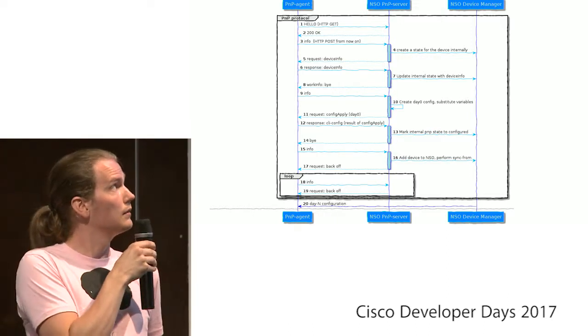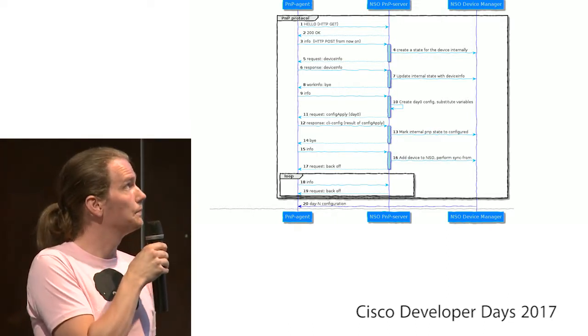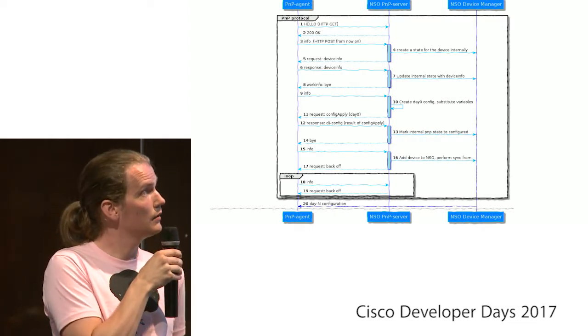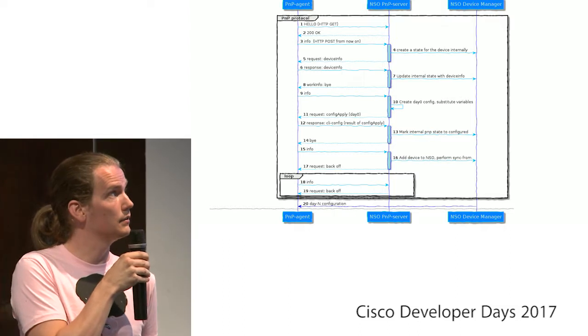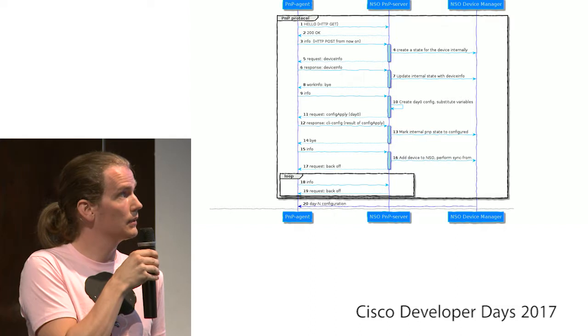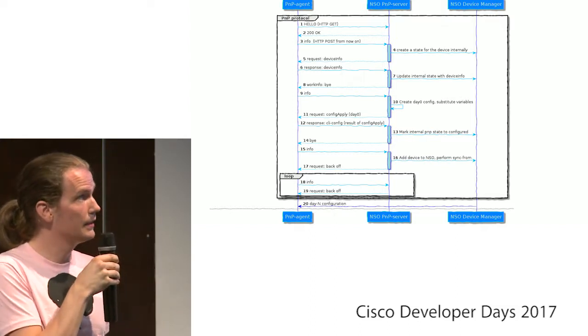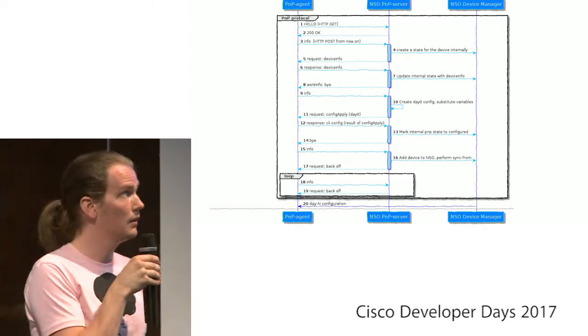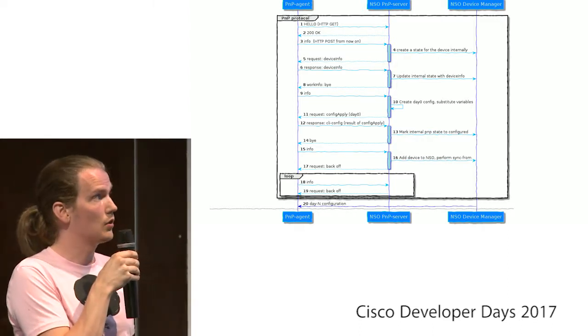And then we send that configuration back to the device. It responds, and we then mark the device as being configured, and we say bye. It will then contact us again, and then we will actually add the device to NSO and do a sync-from, and then tell it to back off.